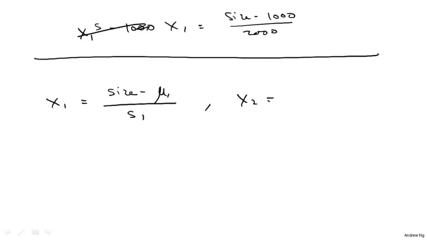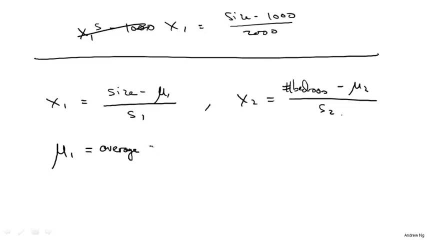Similarly, x2 equals (number of bedrooms minus mu2) over s2, where mu1 is the average size of the house in the training set, and mu2 equals the average number of bedrooms in the training set. Then x1 and x2 will have 0 mean.